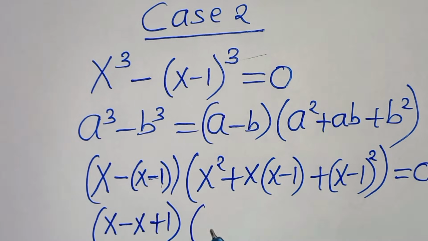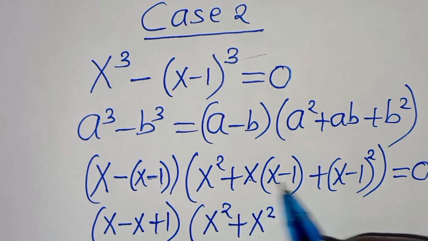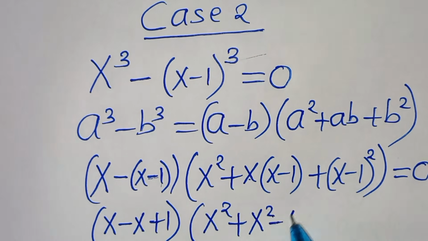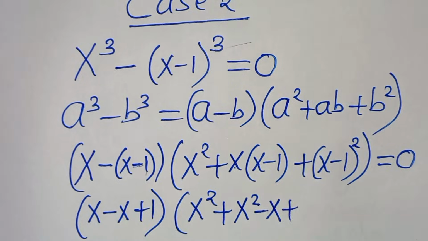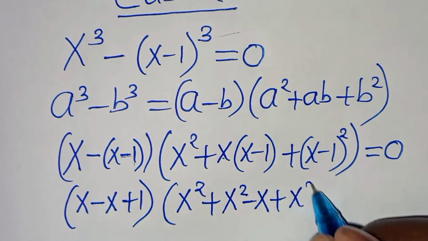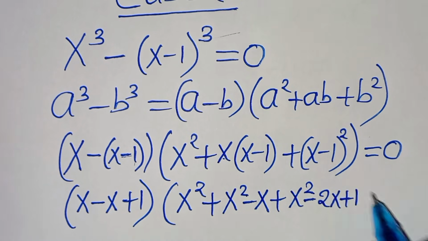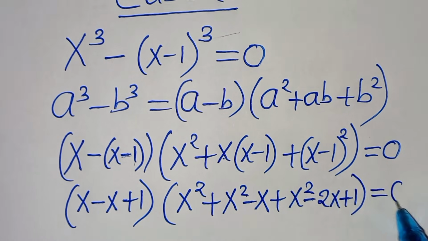Then here we have x to the power of 2, then plus x times x, this is x to the power of 2, x times minus 1, this is minus x, then plus, let's expand here, this is x to the power of 2 minus 2x, then plus 1 across the parentheses. This is equal to 0.